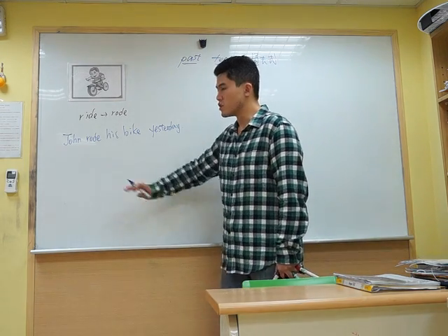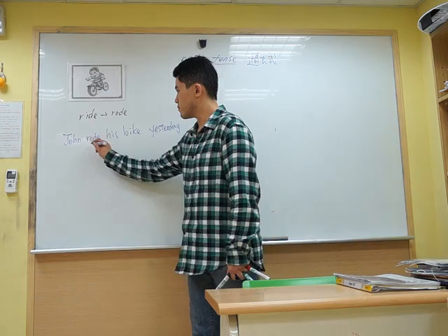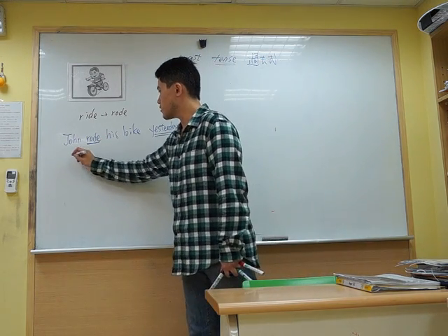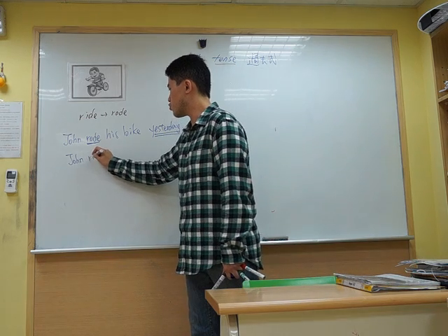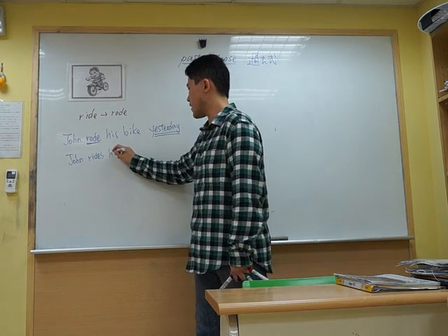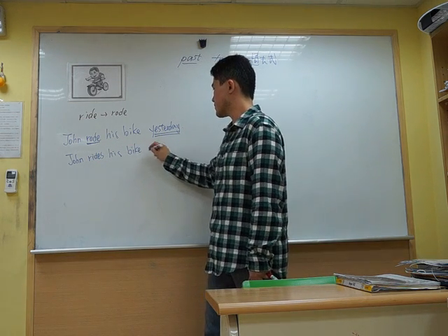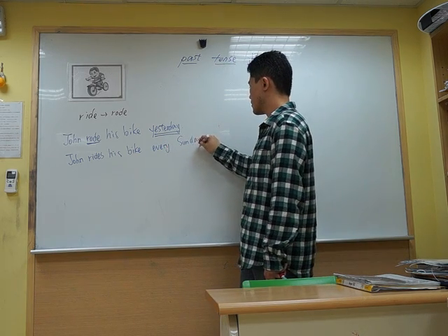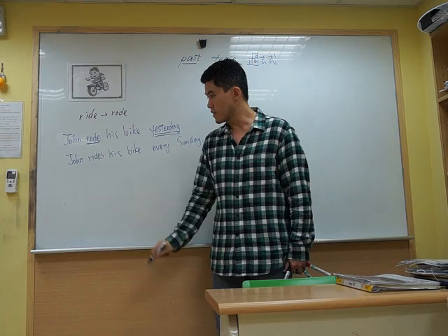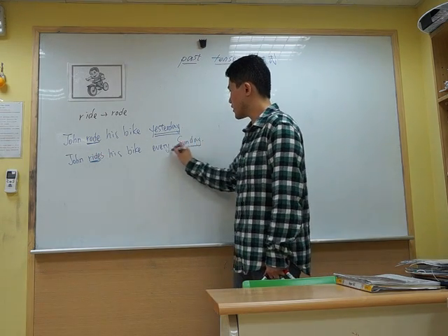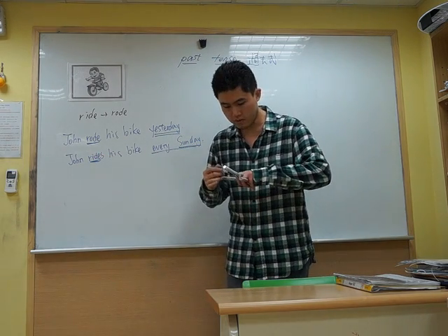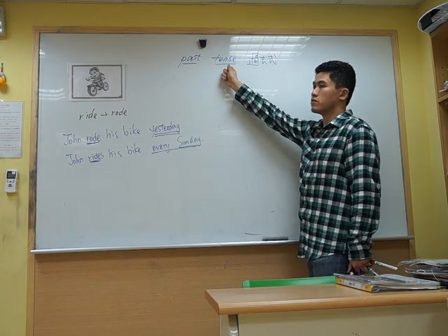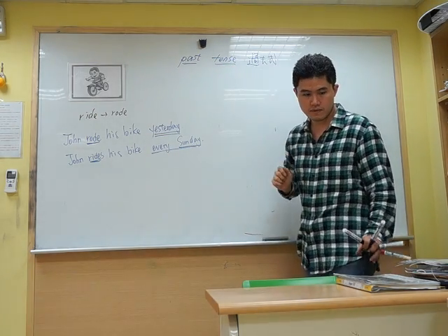Alright? I can change it into present tense too by changing the verb and the time marker. I can say, John rides his bike every Sunday. Now this is present tense. Change verbs and change the time marker. So remember, in English we always change verb and time marker to tell people when it happens.